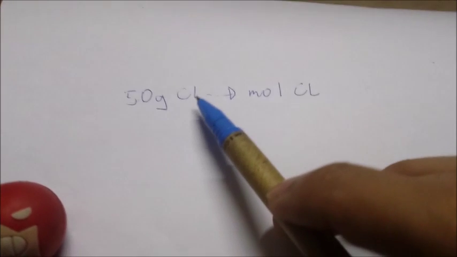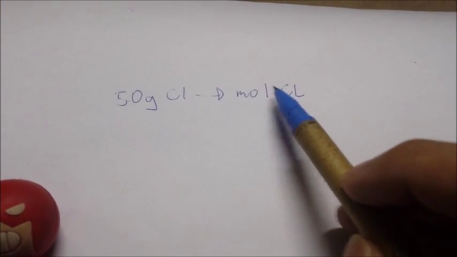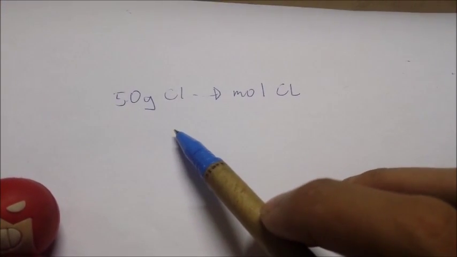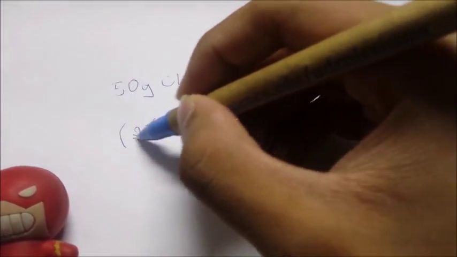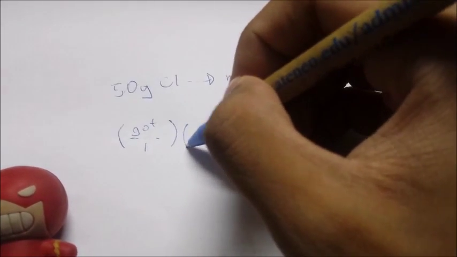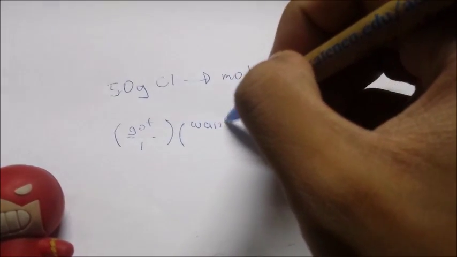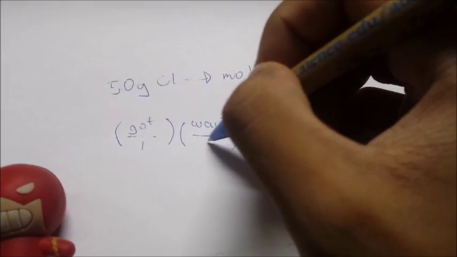Like I said earlier, we're going to do a weight problem now. We have to get the moles of chlorine from 50 grams of chlorine. Remember that formula we had? It's what you got over 1 times what you want over what you got.